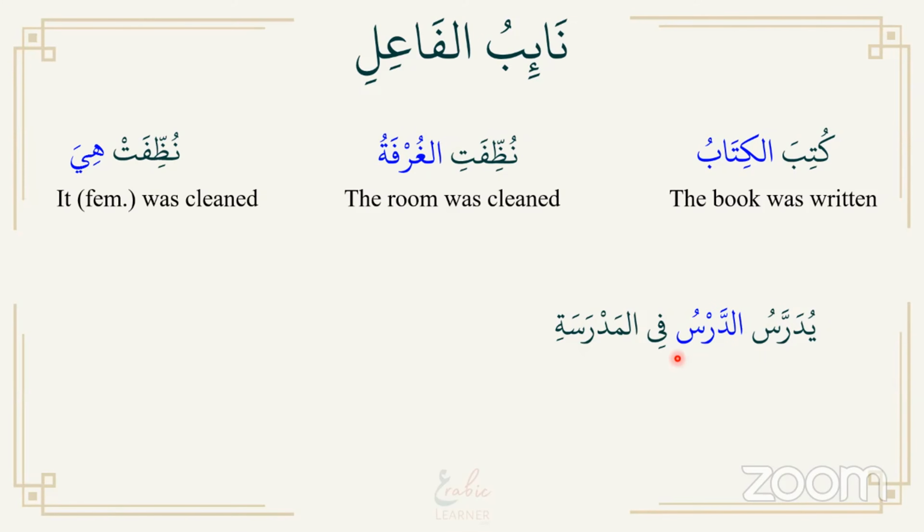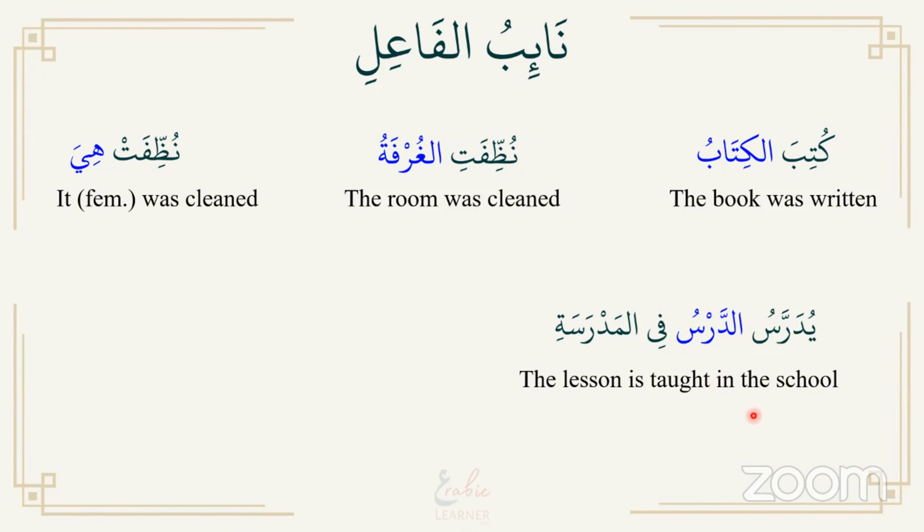Yudarrasu darsu fil madrasati. Yudarrasu means is taught. What is taught? The lesson is taught. Ad-darsu, the lesson is taught, fil madrasati, in the school. So the lesson is the Naibul fa'il.